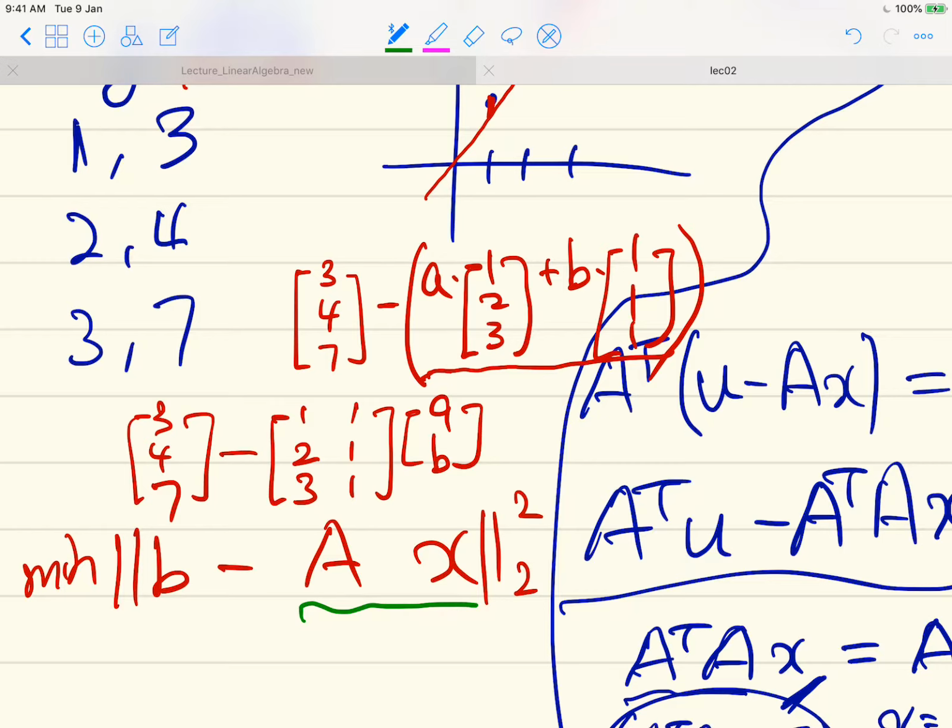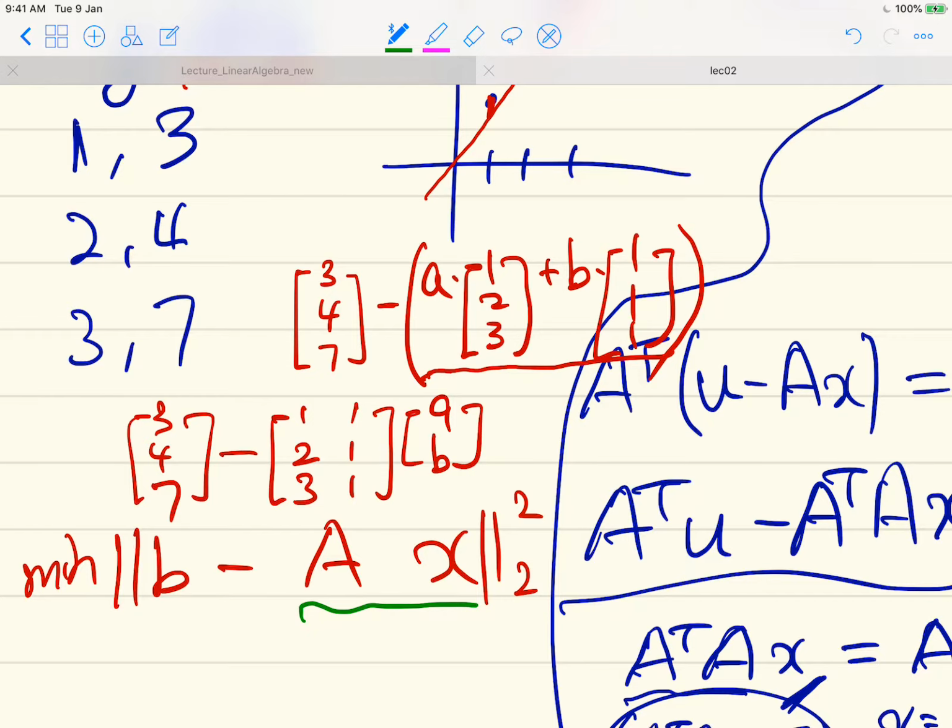So in this case, what is the meaning of this, geometrically? We have a particular vector 3, 4, 7, and this one is some point as a linear combination of the columns of A, and then we want to minimize the length between these two vectors.